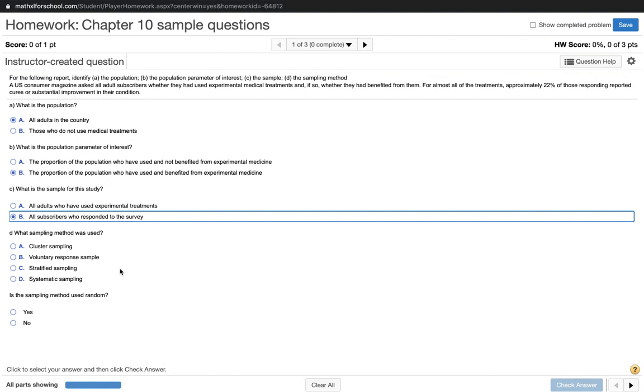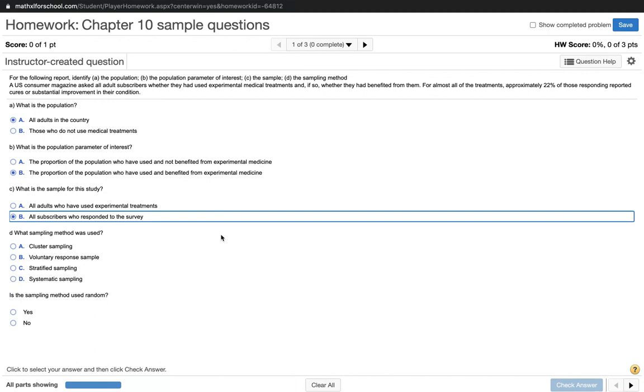Part D, what sampling method was used? It cannot be cluster sampling because we're not selecting whole groups. Voluntary response could be, but let's check the other two.